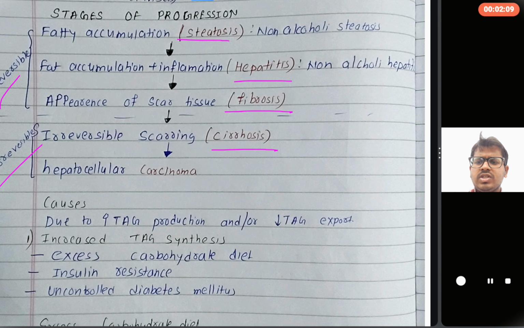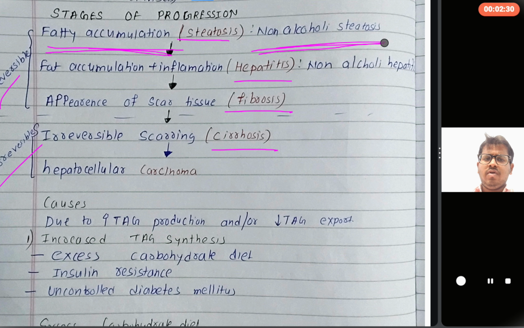Okay, so first of all we are talking about reversible. In reversible, first of all, if a person's liver has fatty accumulation, that is non-alcoholic steatosis.